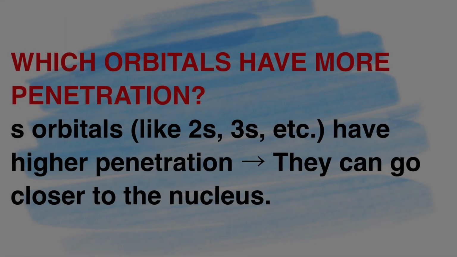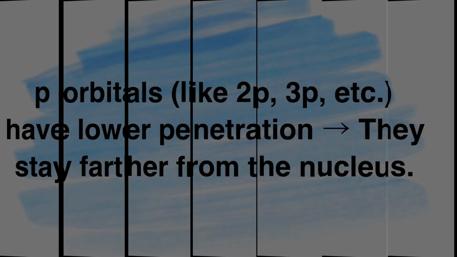Now, what is the trend of penetration ability among the various orbitals in the atom? If you compare the penetration ability of s orbital, p orbital, d and f orbital, then you will find s orbitals have highest penetration ability, meaning they can go to the closest distance to the nucleus.